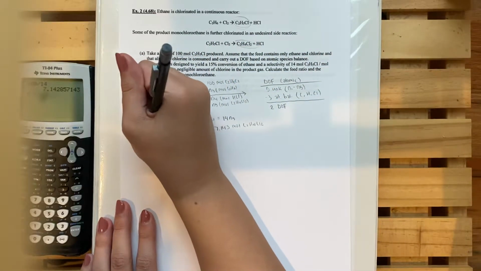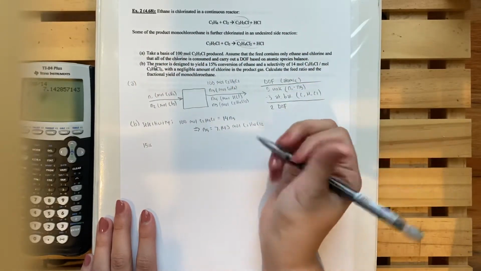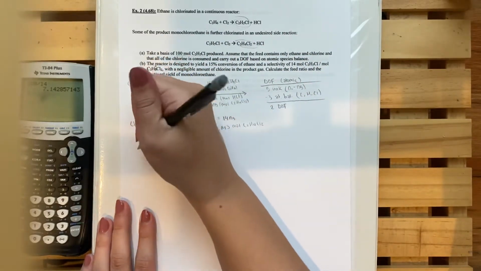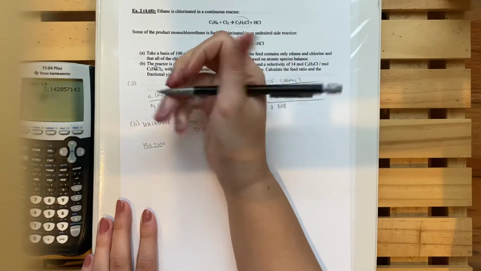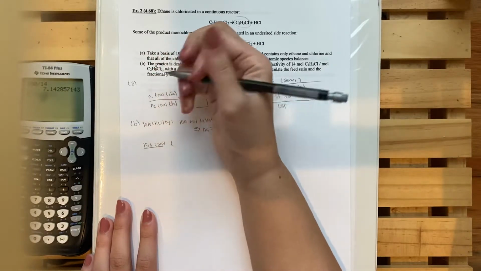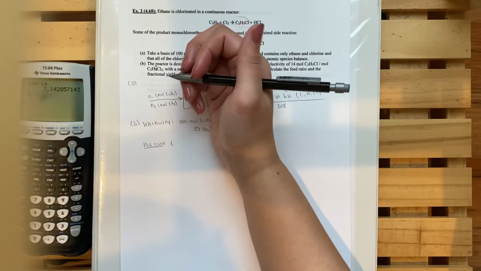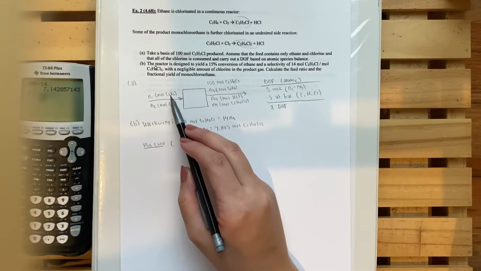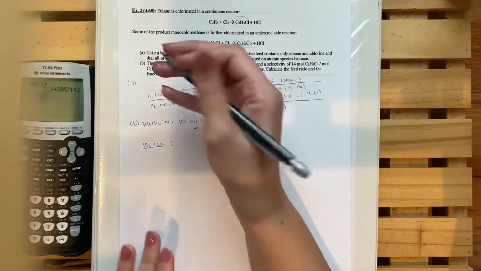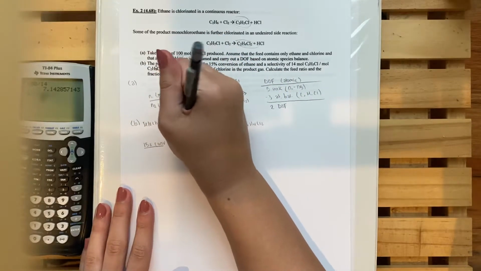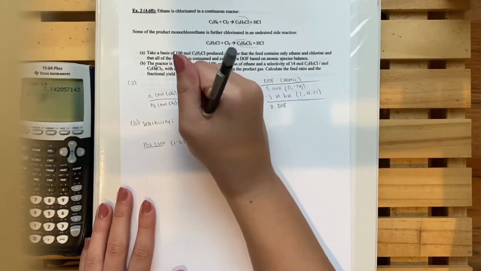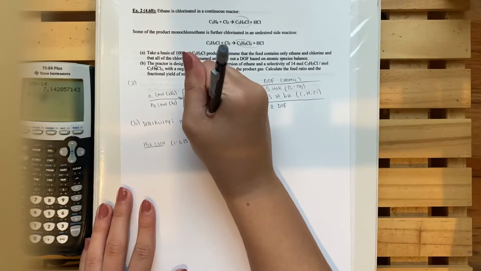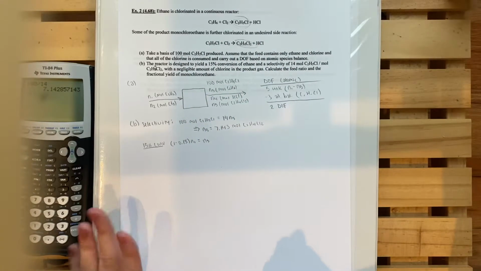And then we know we have 15% conversion of ethane. So that means that 85% of the ethane does not react, and that 85% of the ethane that doesn't react has to equal N3. So 1 minus 0.15, which is 0.85 of N1, has to equal N3.